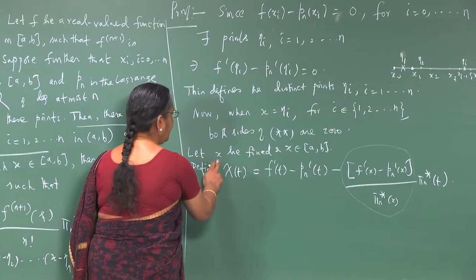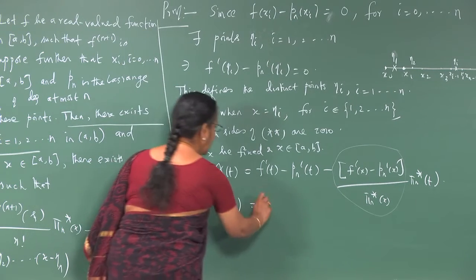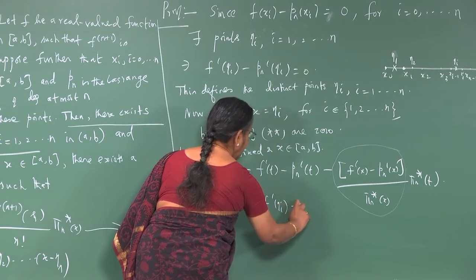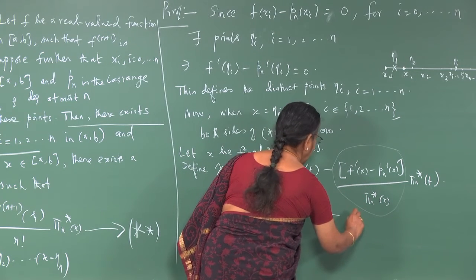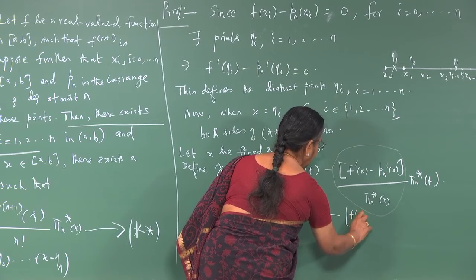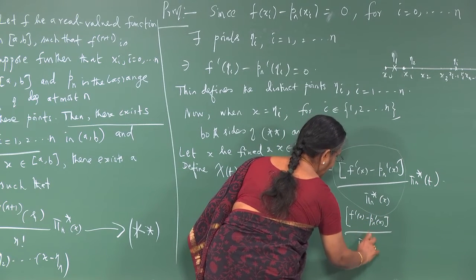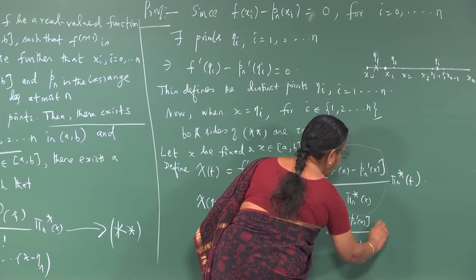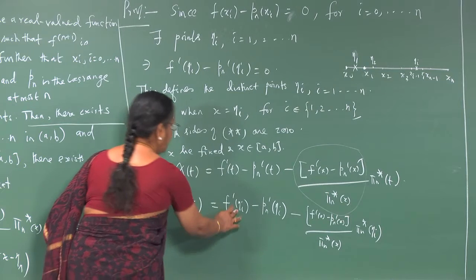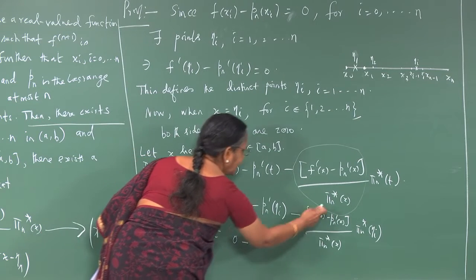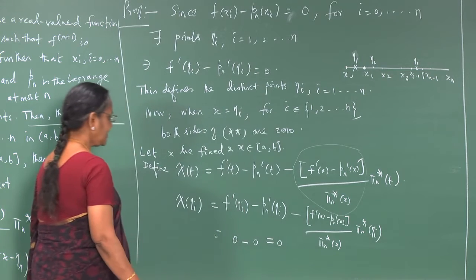Let us evaluate chi at this eta i. Chi at eta i is f dashed of eta i minus p n dashed of eta i minus this expression f dashed of x minus p n dashed of x by pi n star of x, which is a scalar, into pi n star at eta i. So, this difference is 0 and the second term is 0 because pi n star of eta i is 0, and therefore, this is 0.